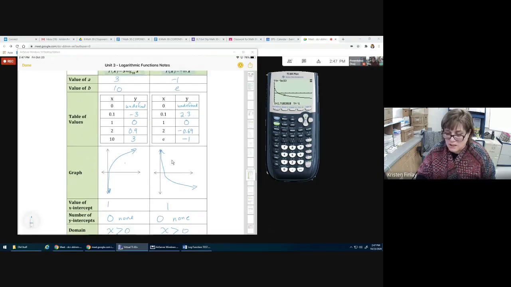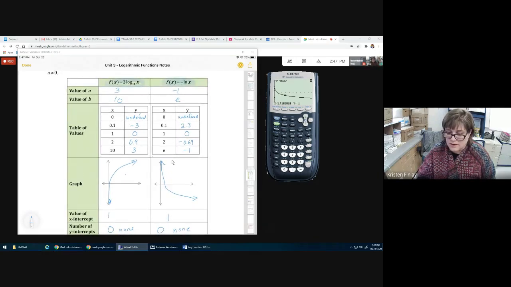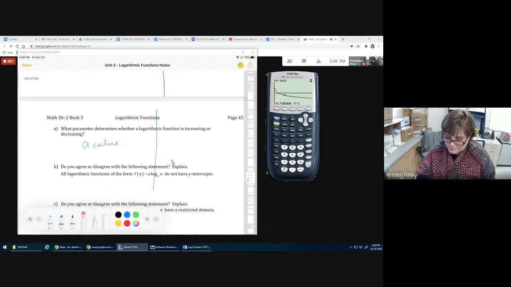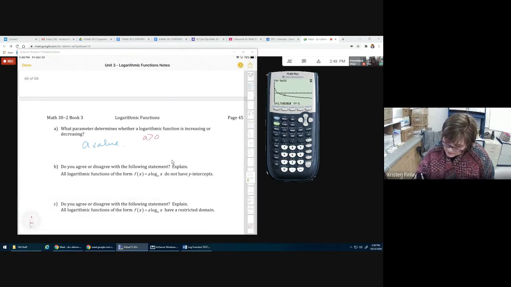Graph 1 is positive for its a value, and graph 2 is negative for its a value. So let's make that note. If a is greater than 0, increasing. If a is less than 0, it's decreasing.